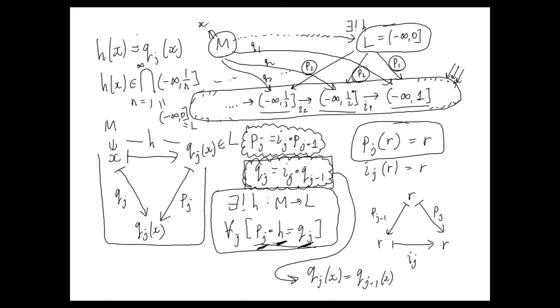And then we constructed the unique H. First of all, we can say that we define it this way, noting that Q_j of x doesn't depend on j, since by this requirement right here, Q_j of x will always equal Q_{j-1} of x. And so this can go on infinitely. And so by induction, I can show that all the Q_j of x's are the same. And so this formula defining H doesn't depend on j. Therefore, it's a valid formula to define a function.